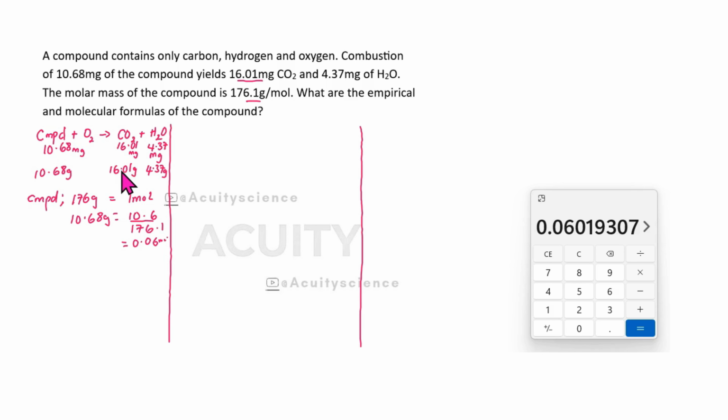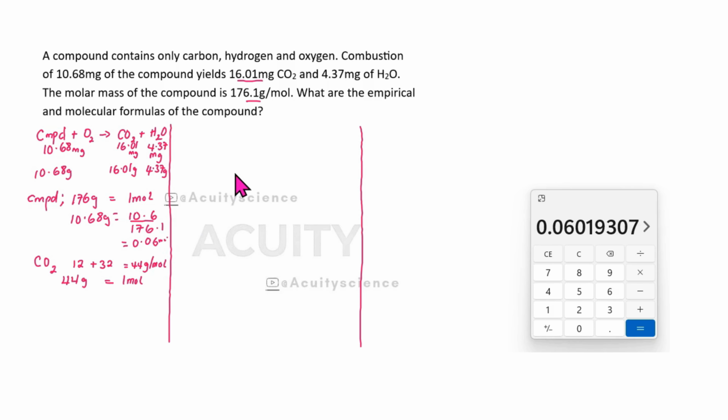Let's figure out how many moles were produced here. For carbon dioxide, CO2, if we calculate the molar mass, carbon is 12, oxygen is 16 times 2, that is 32. When we add them together, we have 44 grams per mole. So 44 grams is the mass of 1 mole.